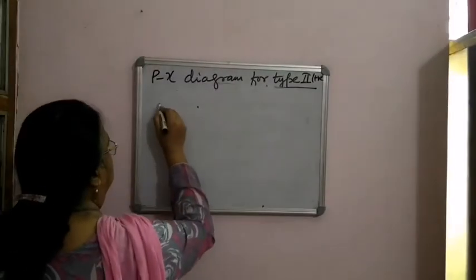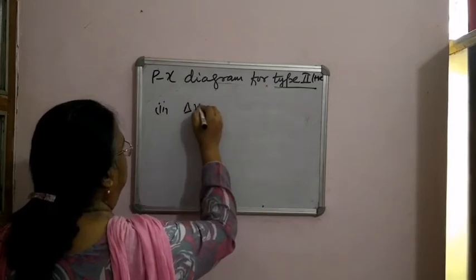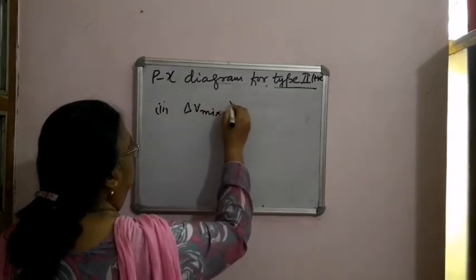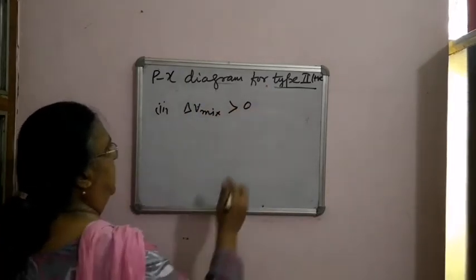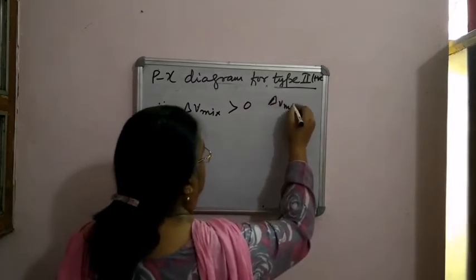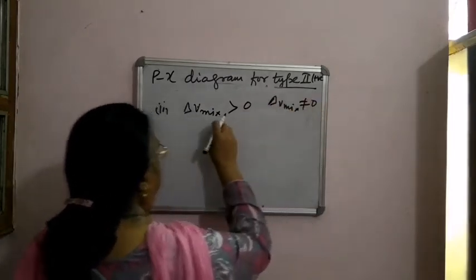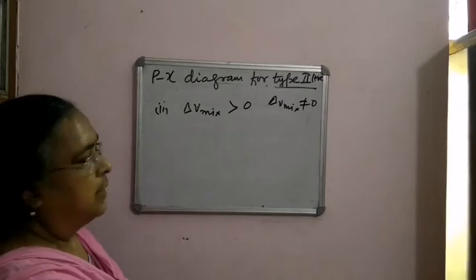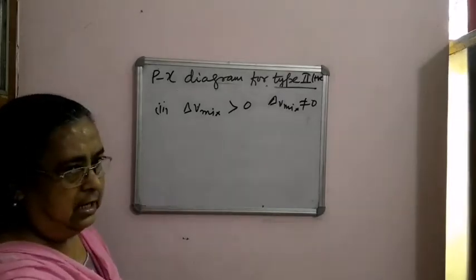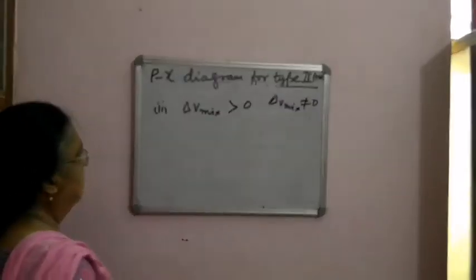The second is that delta V mixing will not be equal to 0. In this case, type 2, it is found to be greater than 0. Why greater than 0?